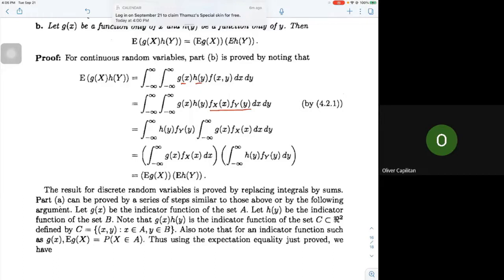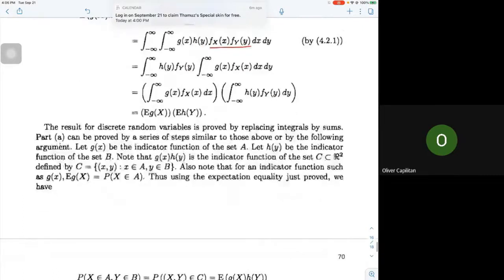Okay, so to prove part A, it says here the result for discrete random variables is proved by replacing integrals by sums. And then for part A, you can prove it by a series of steps similar to the steps that we have used above.